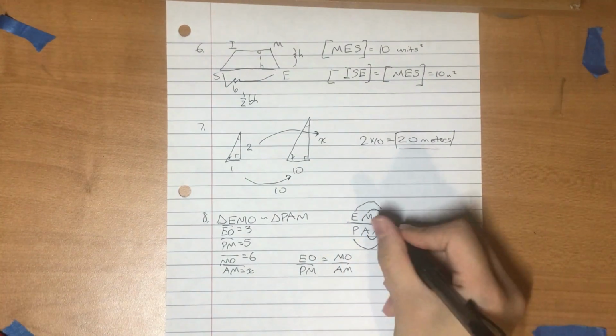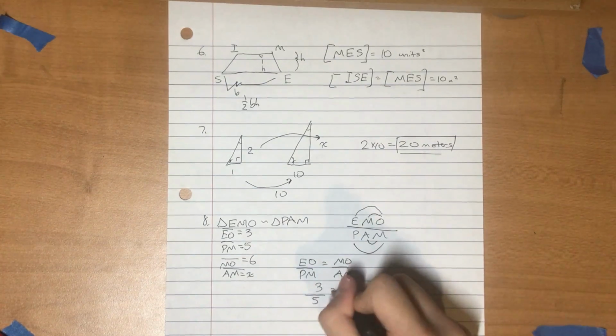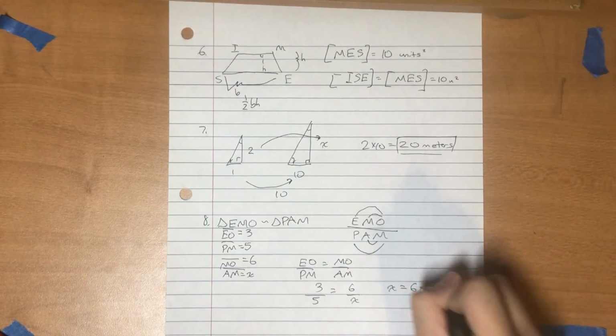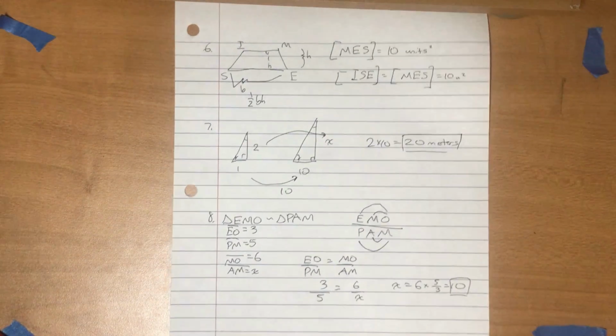I think the curves kind of match. So EO is 3, PM is 5, MO is 6, AM is X. X equals 6 times 5/3, which is 10. Cool.